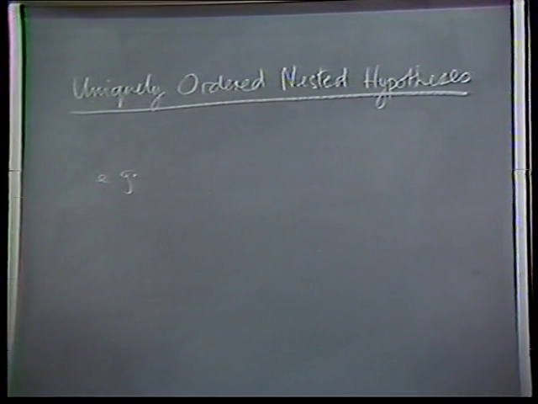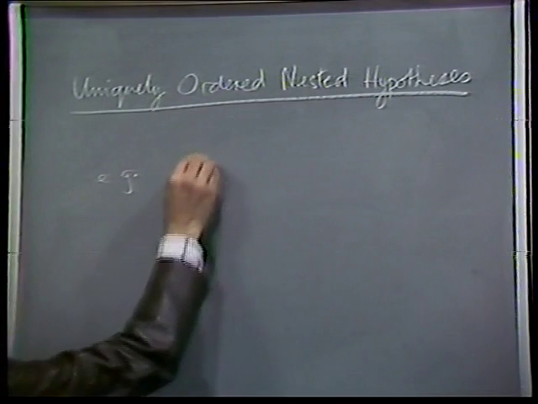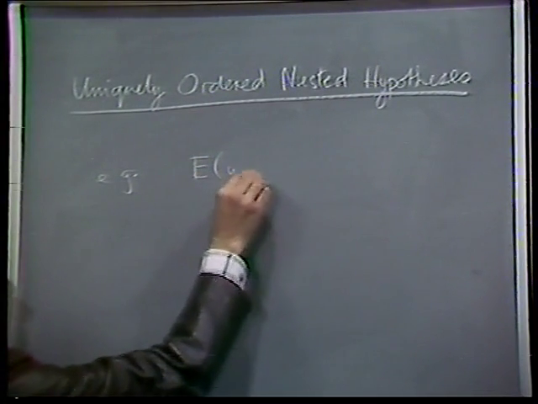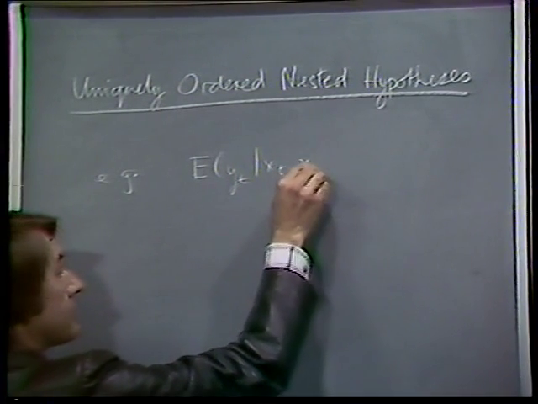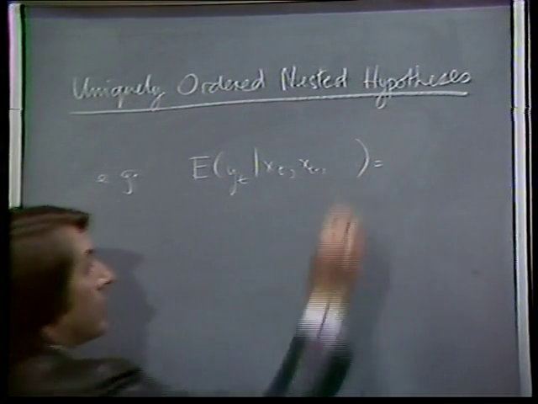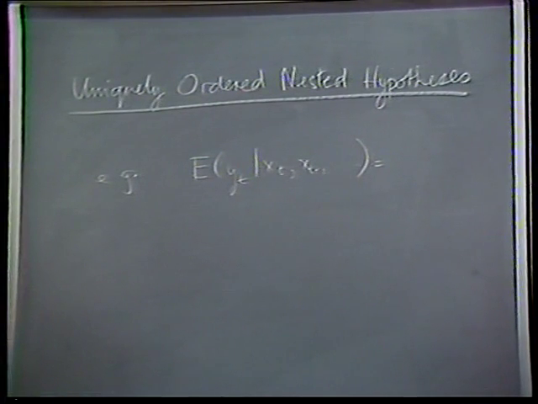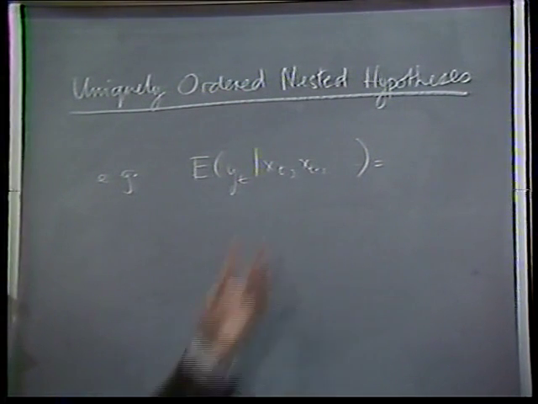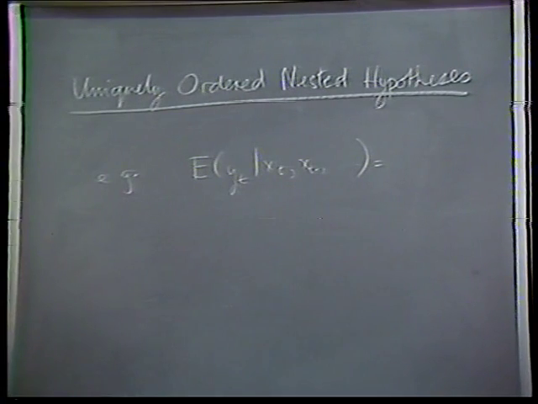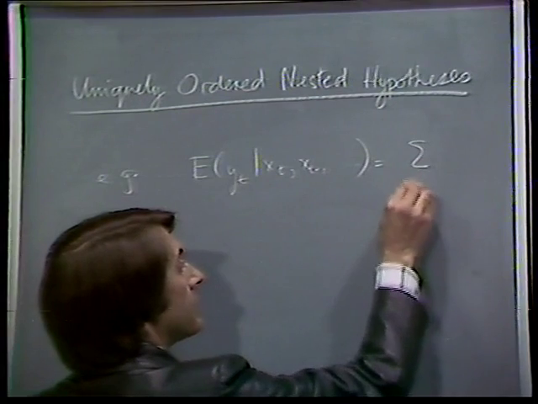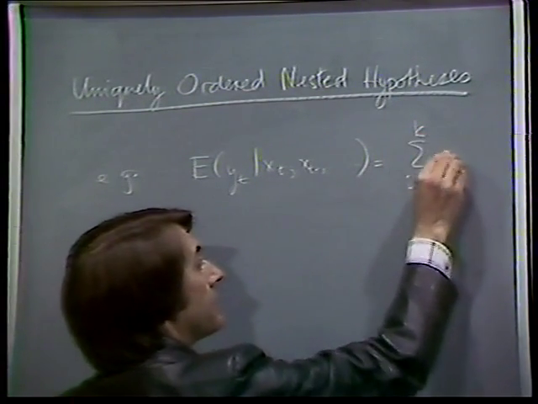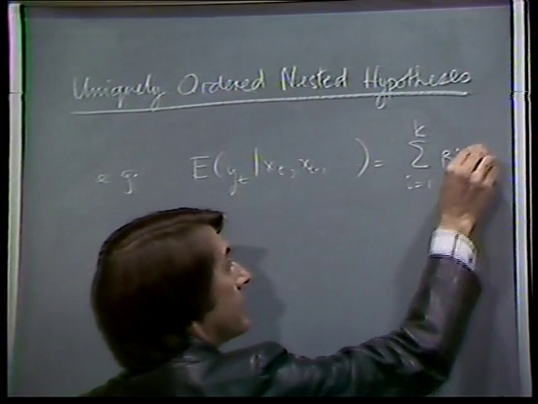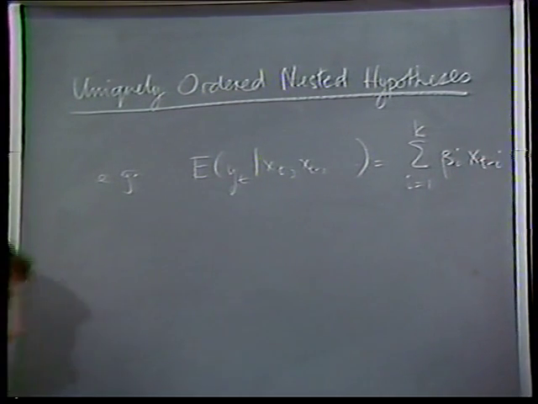An example from Econometrics would be a simple distributed lag model, where the conditional expectation of the dependent variable yt, conditional on the current and lag values of an explanatory variable x, is given by the sum, i is 1 to k, of beta i x t minus i.